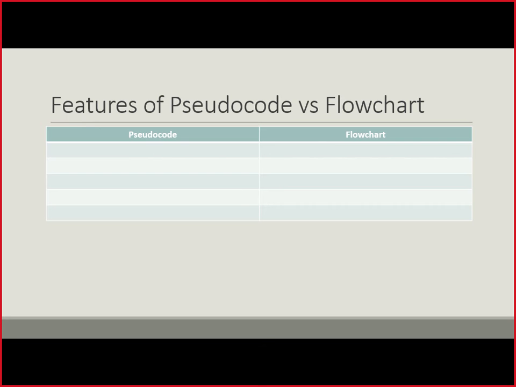Okay, so I'm going to start with pseudocode. It is text-based. It is classed as an algorithm, but it is deemed as very close to coding syntax. So in other words, it looks like code, but it actually isn't. It can be written in various ways.